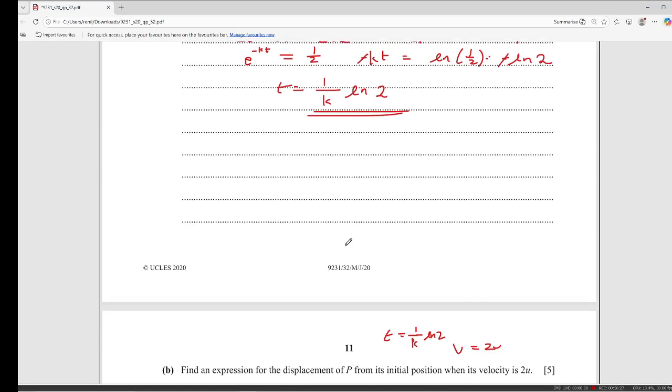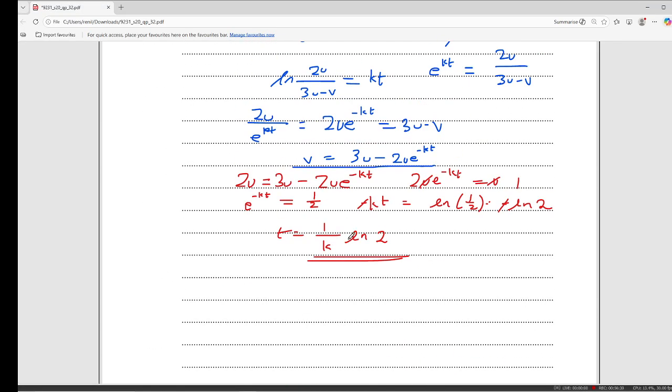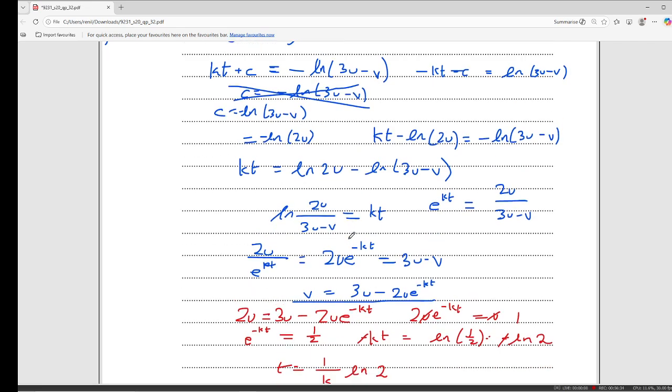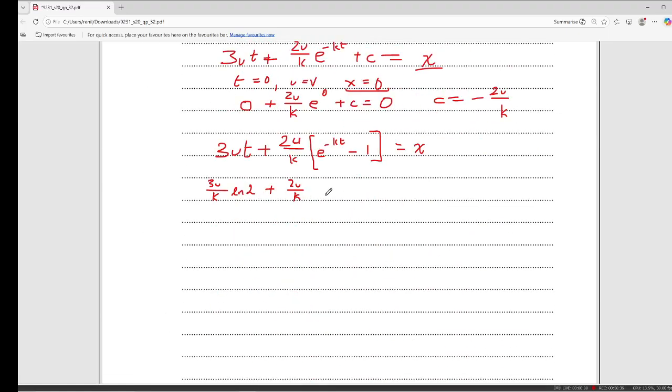Going back to what we have here, e to the power of negative kt, that's just going to be, t equals 1 by k ln 2. So it's going to be e to the power of negative k times 1 by k ln 2, minus 1, equals x.